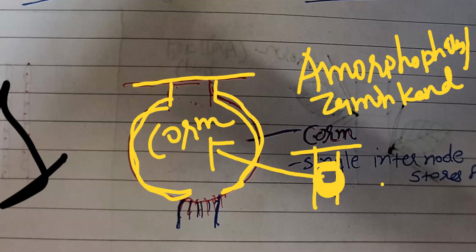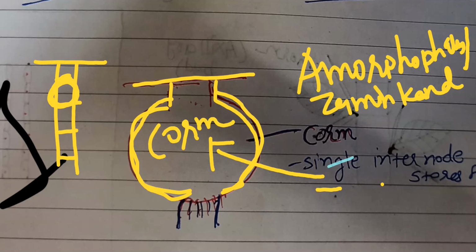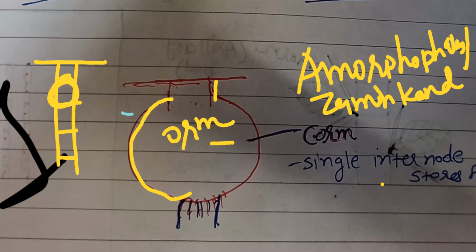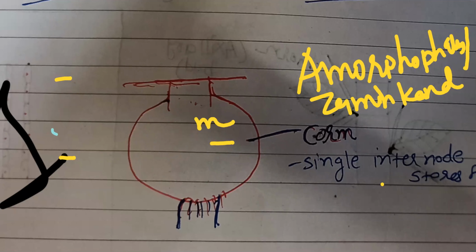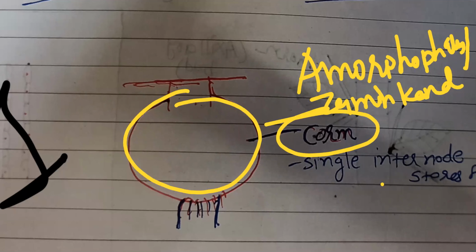So Amorphophallus or Zaminkand, in Gujarati we call Suran. Remember, in that underground stem has nodes and internodes. Only the one single internode stores the food and becomes swollen, fleshy, and after storing the food, this much part of the stem we call corm. This can also be observed in the case of colocasia.